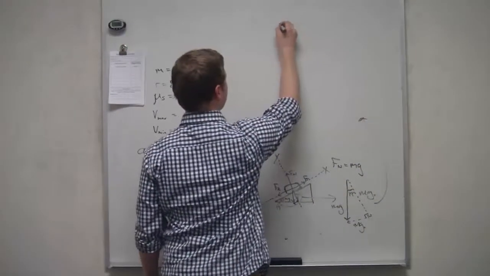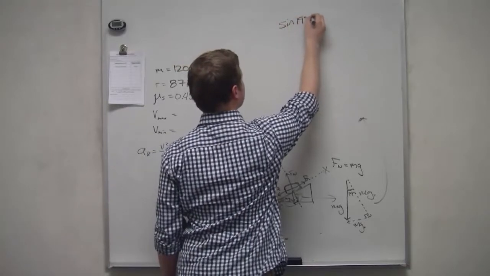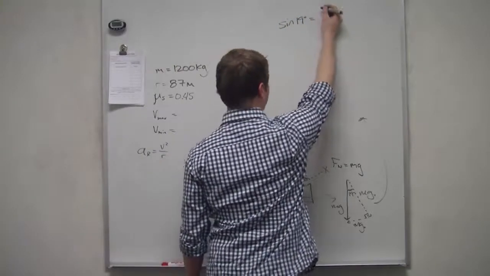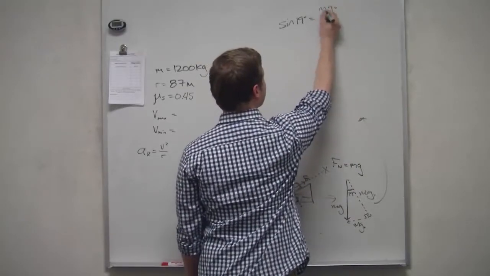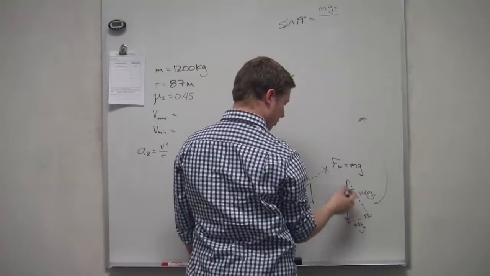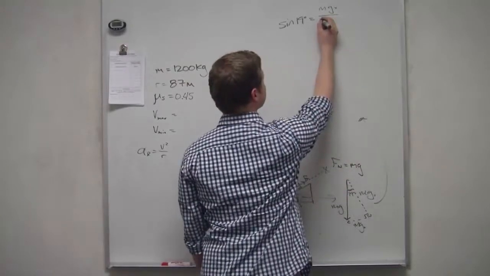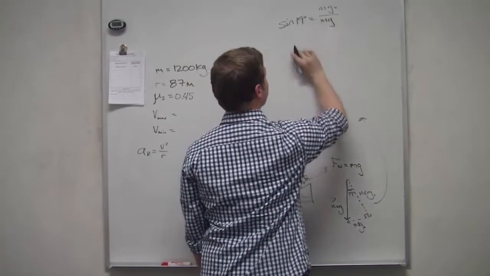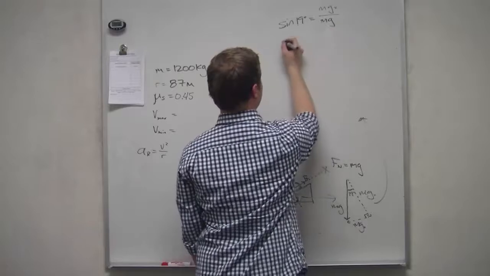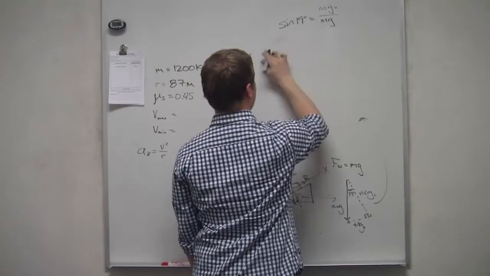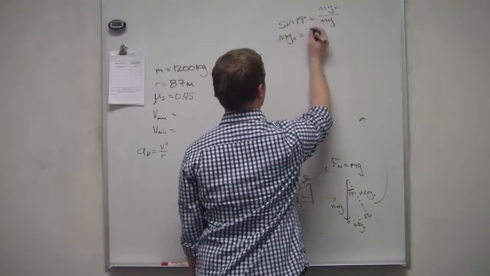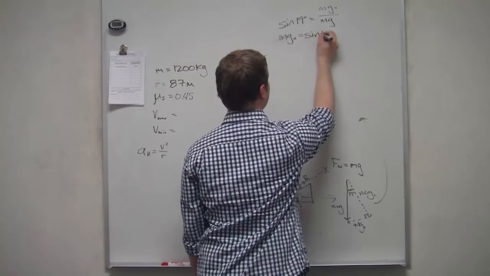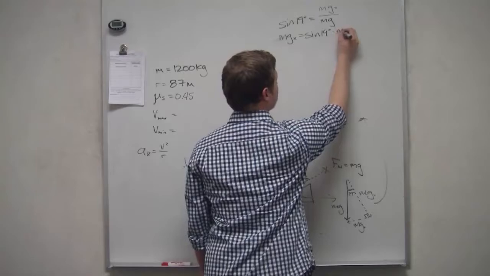So sine of 19 is equal to the opposite side, which is mgx, over the hypotenuse, which is our mg. So when we solve it out, the x component of gravity is going to be sine of 19 times mg.